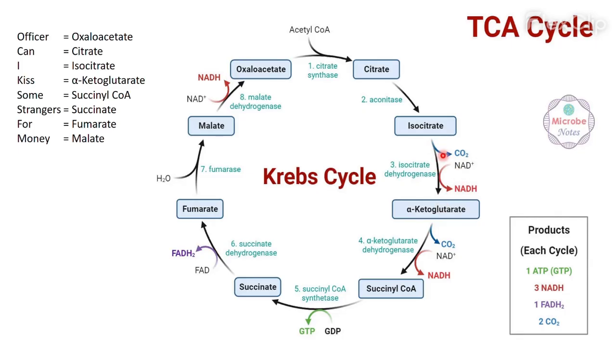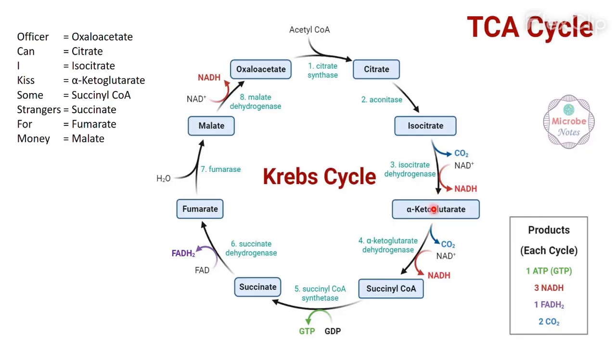Oxidative means it will take away hydrogen atoms. Like in this case, the NAD is taking away hydrogen from the isocitrate to produce NADH. On the other hand, it also takes away carbon dioxide from the isocitrate to produce alpha ketoglutarate. So the carbon number from the isocitrate is reduced by one.